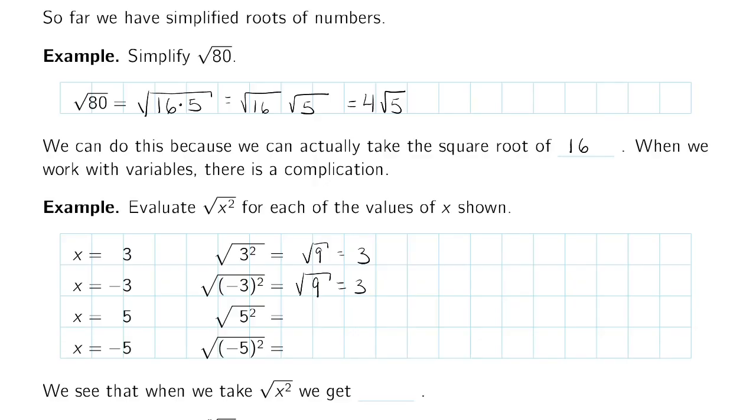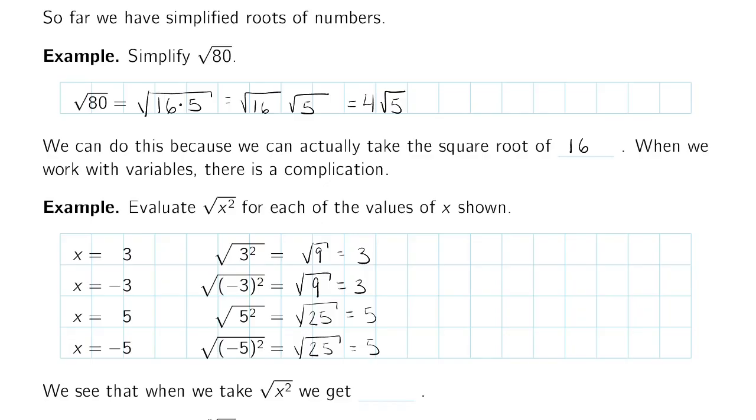If we take the square root of 5 squared, well, 5 squared is 25. So this gives us 5 back. But negative 5 squared is also 25. So that also gives us 5 back. When our x value is a positive number, squaring it and then taking the square root gives us our number back.